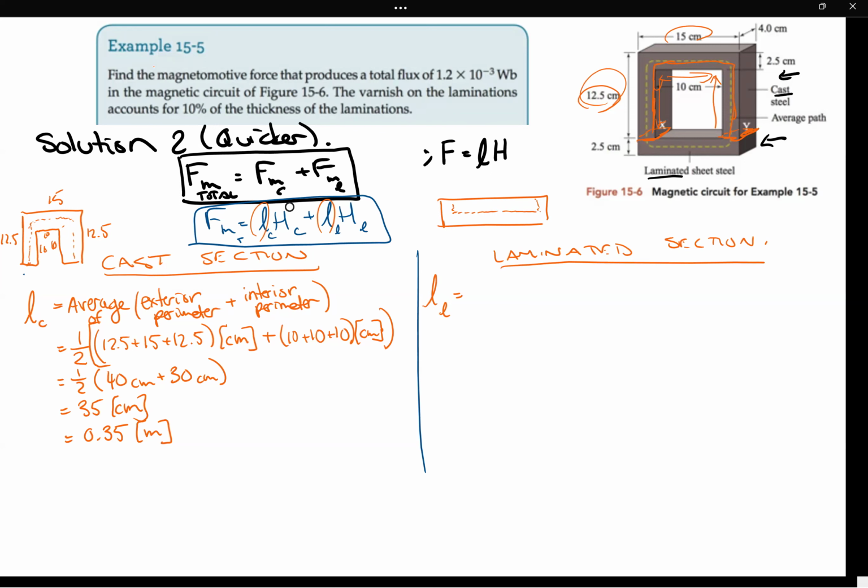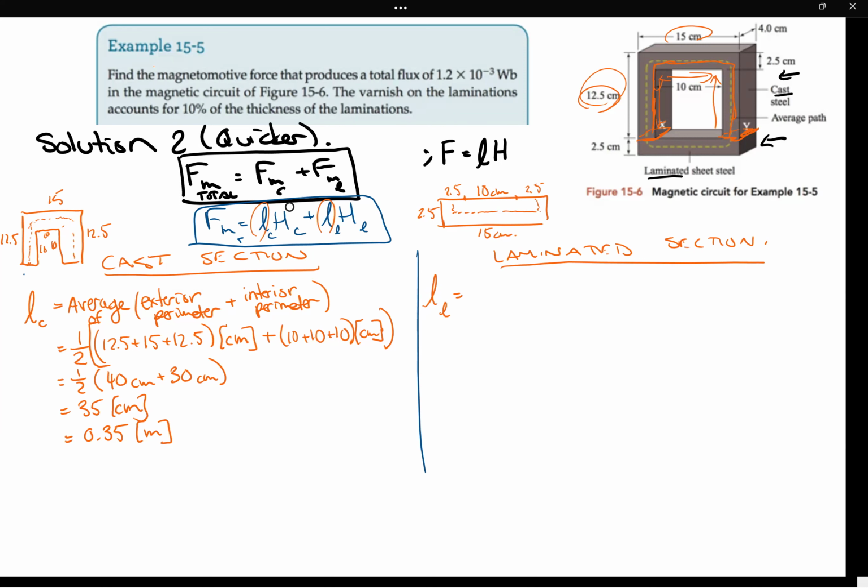So the laminated section really, let's see, what is my dimension here? In here, it's 10 centimeters where it's open. And this is 15 centimeters. So this must be like 2.5, 2.5, and we have 2.5. So that's what my mean path length is looking like.